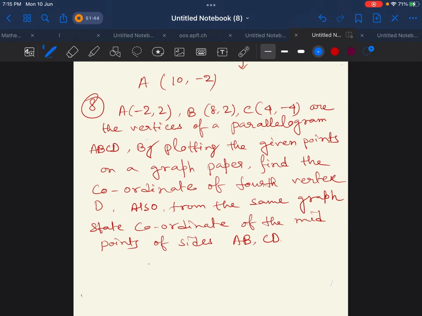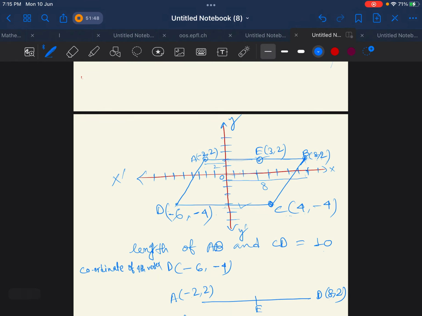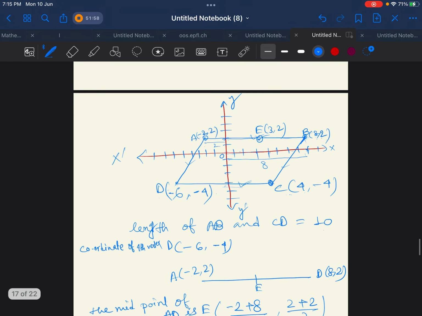Okay, so here we see a parallelogram. We know in a parallelogram two opposite sides are the same. This side and this side are the same.